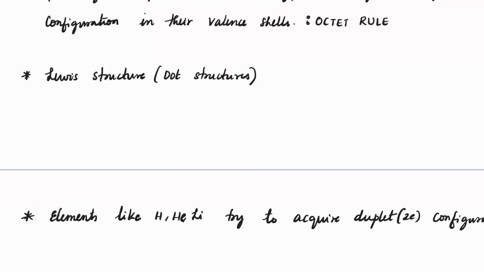For instance, hydrogen has only one electron in the valence shell, helium has two, and lithium again has only one. Beryllium will have two electrons, boron three, carbon four, and nitrogen five.